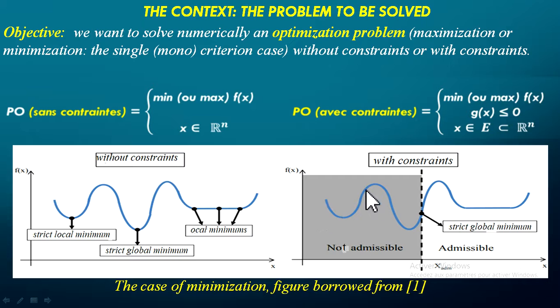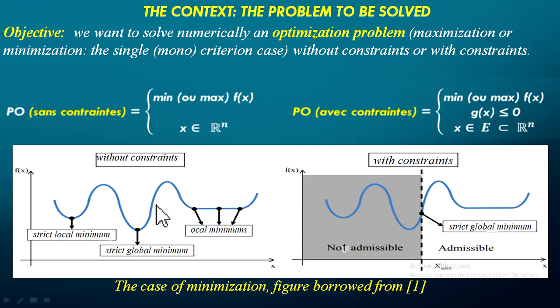So we see this is the admissible space, and this is not the admissible space. The solution of the same problem with constraints is different from the solution of the same problem without constraints, because constraints limit the space or area of solution.